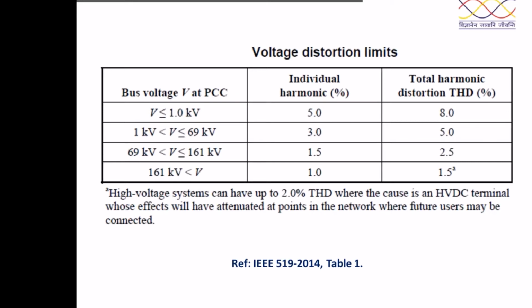Some people refer to it as THDV, telling that it is a voltage related distortion. THDI is with respect to the measured current, and TDD is the demand distortion with respect to the maximum load current.